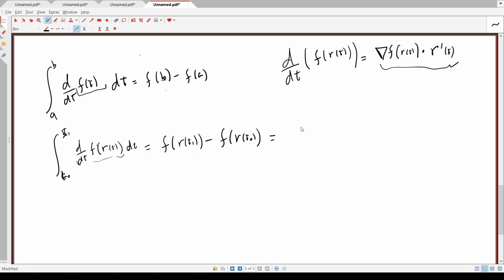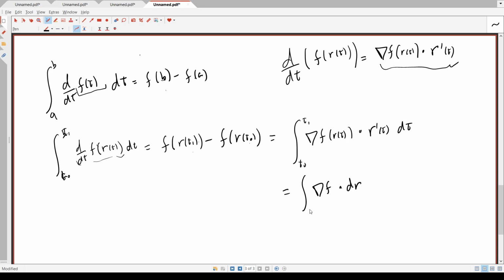So this should be equal to the integral from t0 to t1 of gradient of f dot r prime of t dt. So another way of writing this is the integral of gradient of f dot dr.